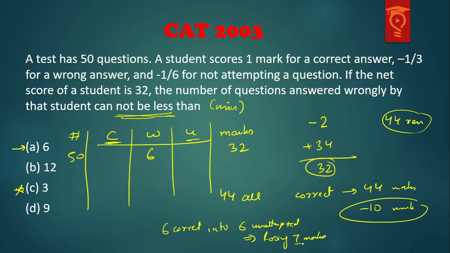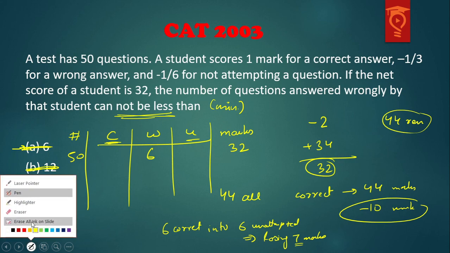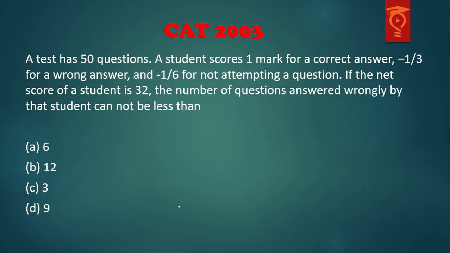So I can only lose marks in the multiples of 7. That was not possible. So this tells you that the other options would not work one by one. Anyway, had you tried 3 in the first place, you would have got the answer. So this is not the best and the most satisfying approach, but yes, this is also an approach for the people who did not know the special equation solution.